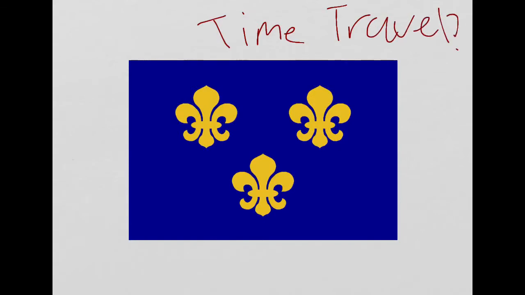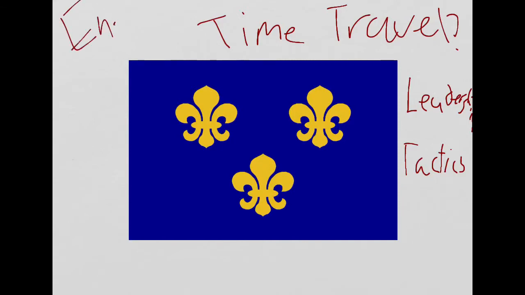Joan of Arc's first, and perhaps most widely known achievement, was to raise the siege of Orleans from the English. She did this through marvelous leadership and tactics. Eventually, she would be captured by the English and the Burgundians, and be executed later on, though her legacy would live on and inspire French nationalism for ages to come.